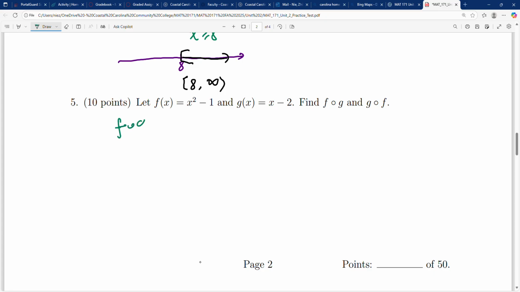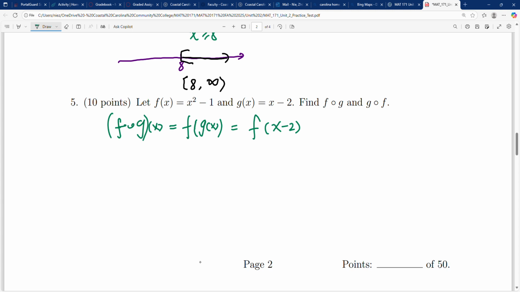f circle g of x. This is the definition, it's gonna equal f of g of x. So g of x equals what? Equal to x minus 2.